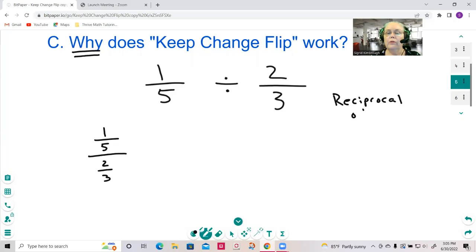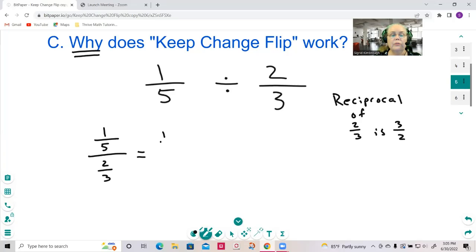The reciprocal of 2/3 is 3 halves. So we're going to multiply each of these, the numerator and the denominator, by 3 halves. The reason we can do that is because if you have any number over itself, it equals 1.